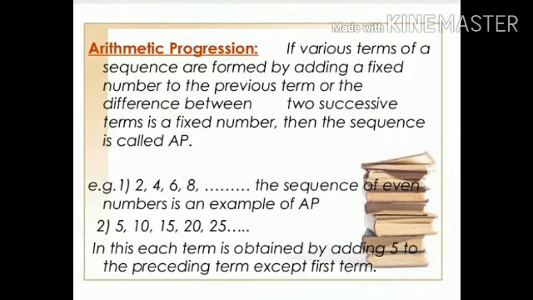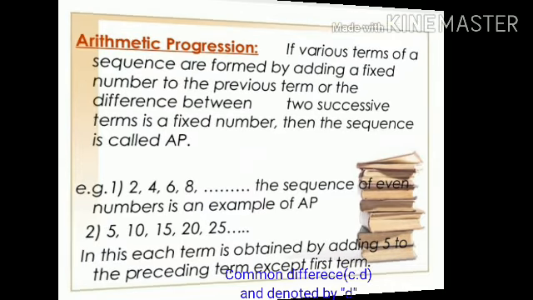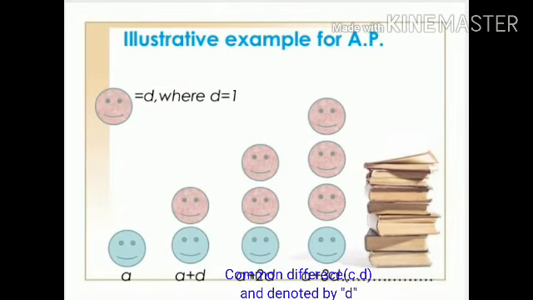When we add a fixed value to the preceding term, we get an arithmetic progression. The fixed value is called the common difference of the arithmetic progression. It is abbreviated as CD and it is denoted by the small letter d.